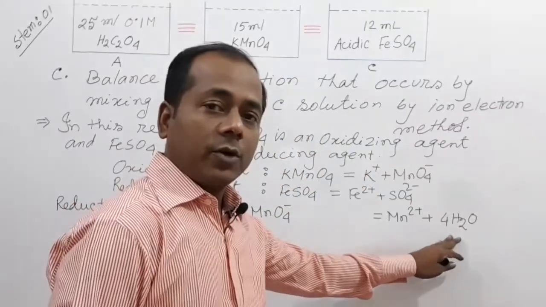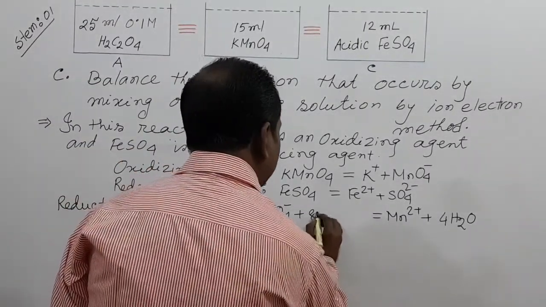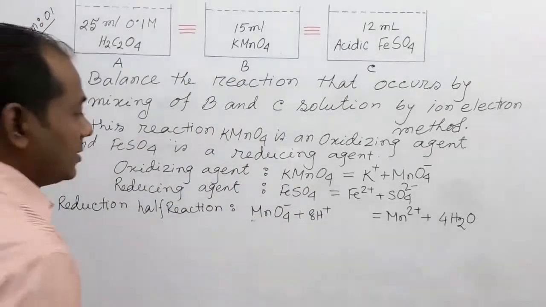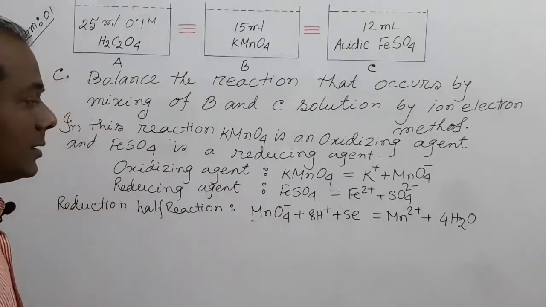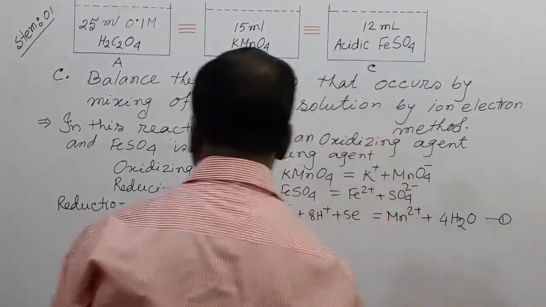Because of 4H2O, we write here 8H plus, and to balance the equation we write here 5 electrons. This is equation number 1.